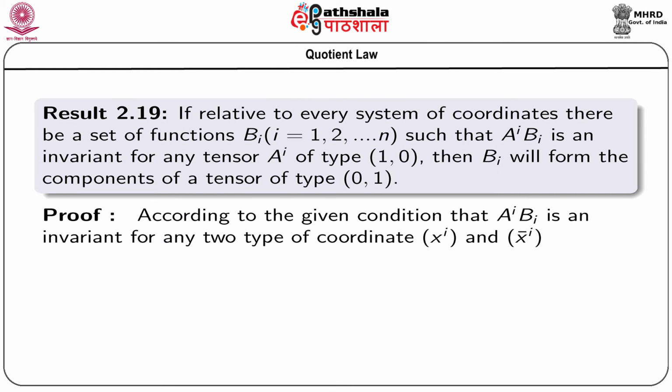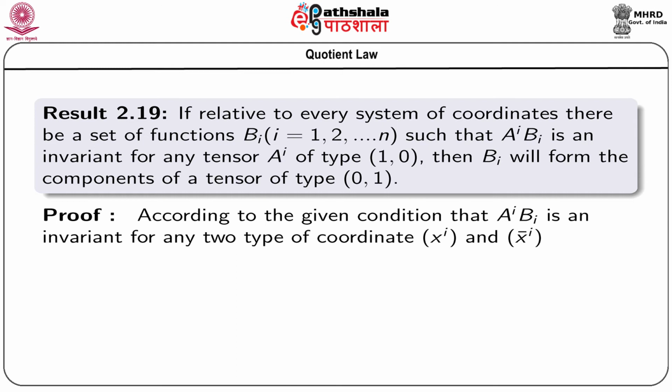If relative to every system of coordinates there be a set of functions B_i such that A^i B_i is an invariant for any tensor A^i of type 1 0, then B_i will form the components of a tensor of type 0 1. So, with the help of the quotient law, we shall find the nature of B_i, and A^i is known.